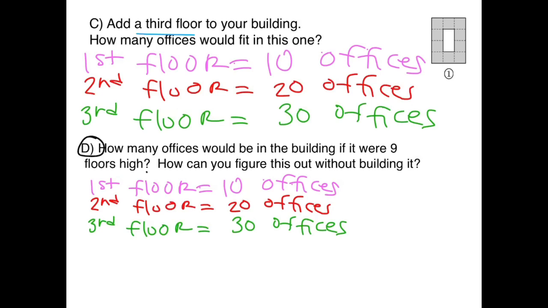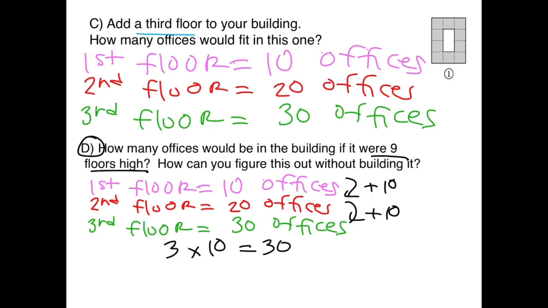Let's move on to part D. It says how many offices would be in the building if there were 9 floors high. How can you figure this out without building it? So in the last 2 problems, I kept telling you there's 2 ways to solve it. You could have kept adding by 10. Or we can find a faster way to do it, which is 3 times 10, which equals 30.